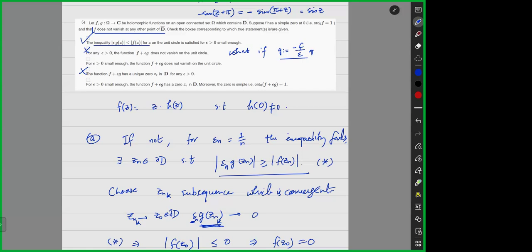For epsilon small enough, the function f plus epsilon g does not vanish on the unit circle. For this we use part A.